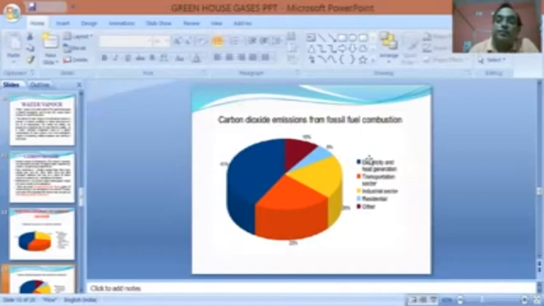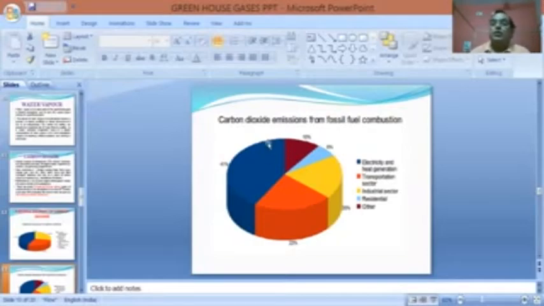You see that the industrial sector has 20% contribution, the transport sector 22%, the residential sector 6%, other sectors 10%, and electricity and heat generation 41%.